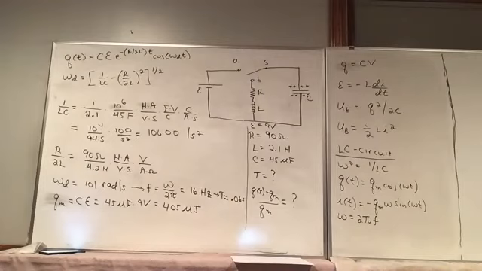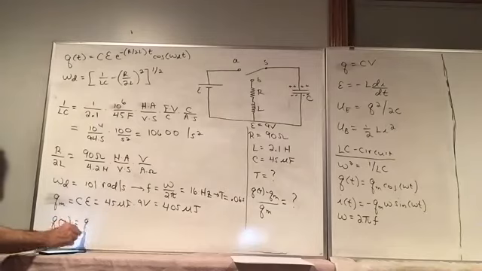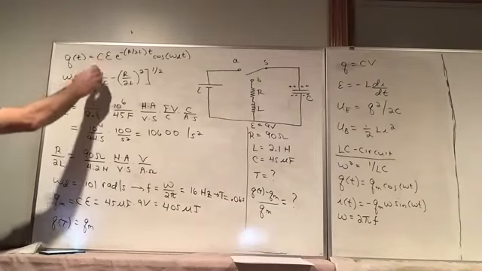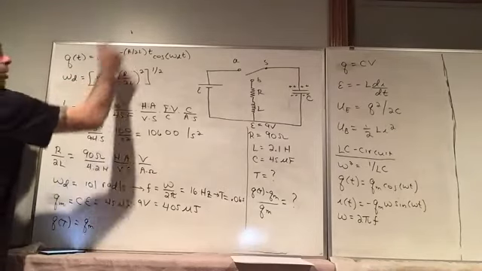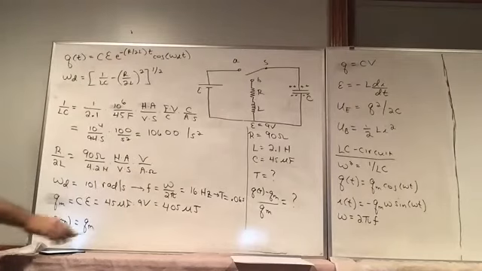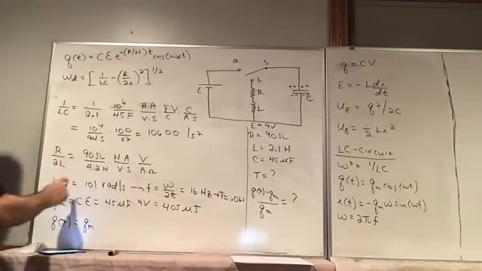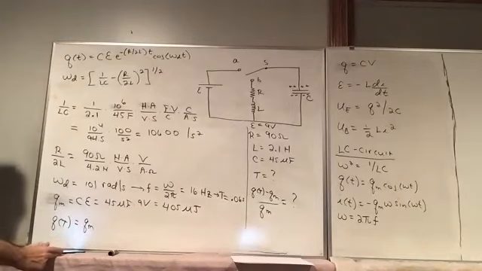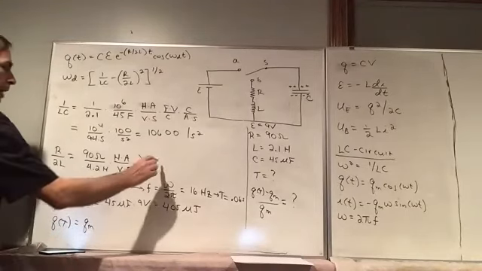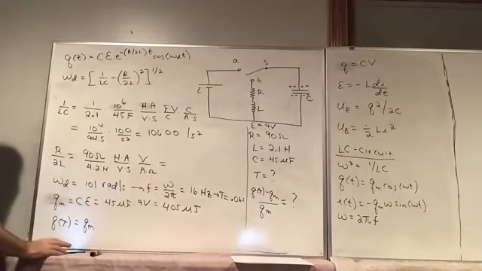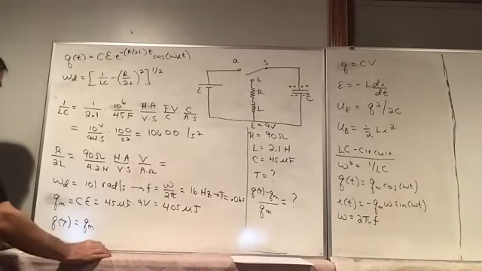Now, let's find out what we have after one period. We have Q max. So again, we have e to the minus R over 2L t. So R over 2L, apparently I erased a little too much. Let's do that again. 90 divided by 4.2.